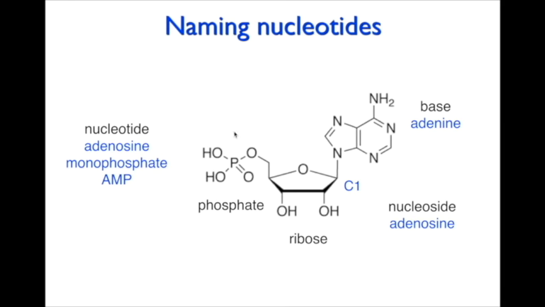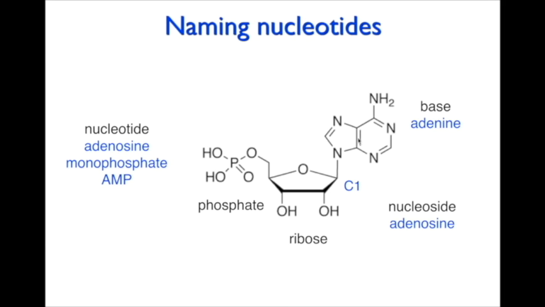So this is the whole molecule here, but it's made up of 3 components. There's a base here, which is adenine, and there's a ribose moiety here, and then we have phosphate. So the base on its own is referred to as adenine.